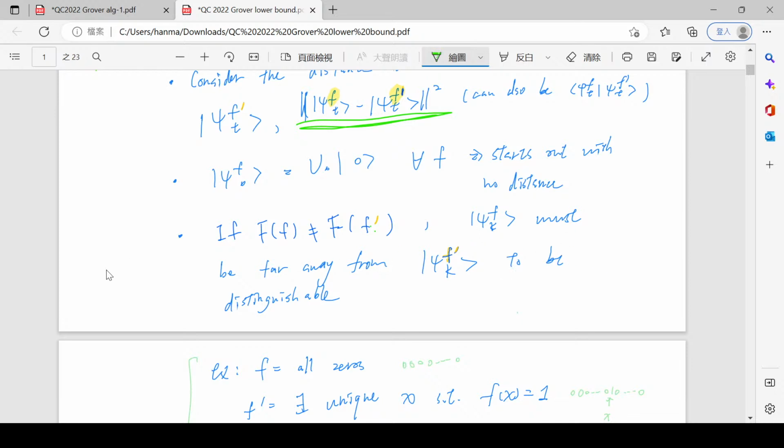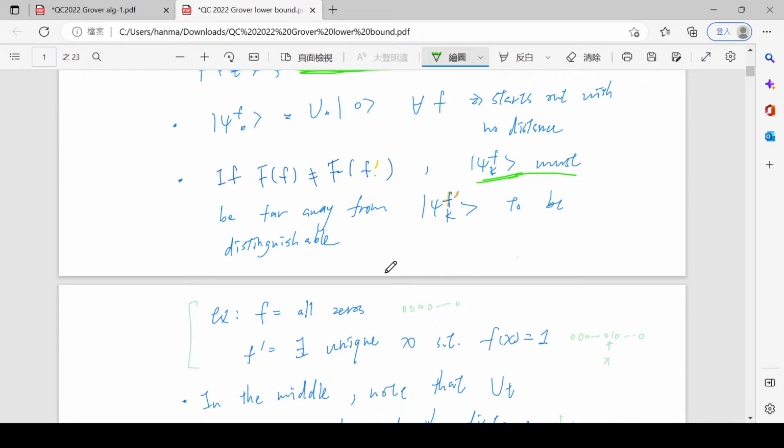This is a bit tricky, but hopefully it makes sense now. You want to do some measurement to separate them, then intuitively they should be pretty far away, and we'll see this in a lot of different ways at the end of this slide.